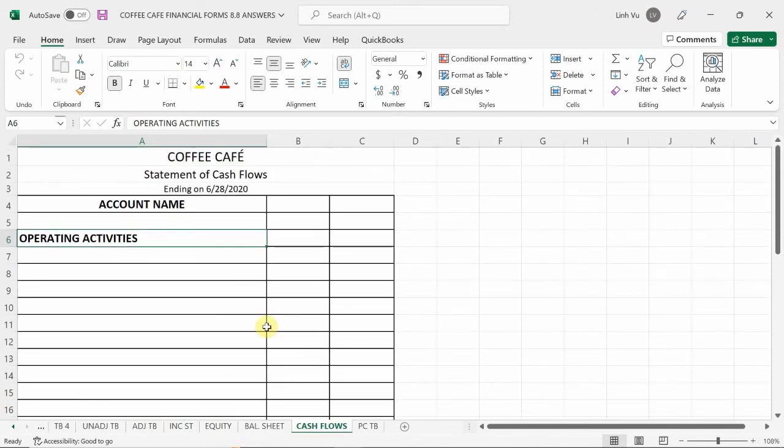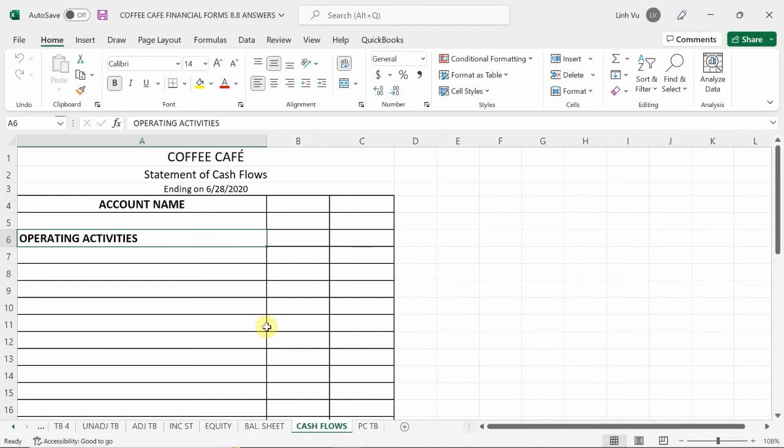The purpose of the statement of cash flows is, did you actually receive cash? Where did the money go? This is a combination between the income statement and the balance sheet. You need to complete those two financial statements in order to complete your statement of cash flows.